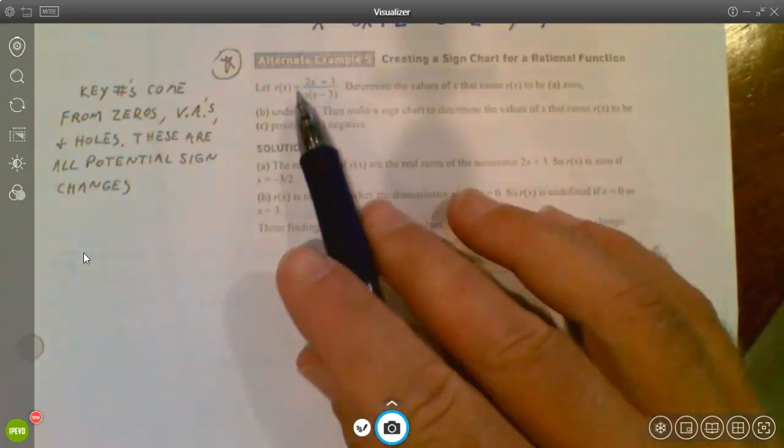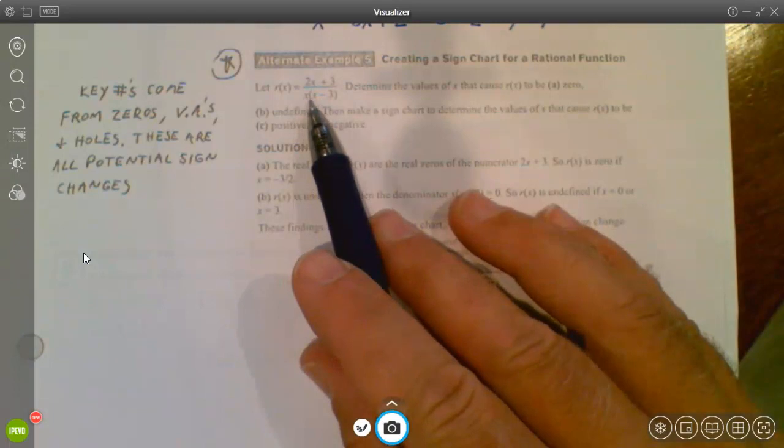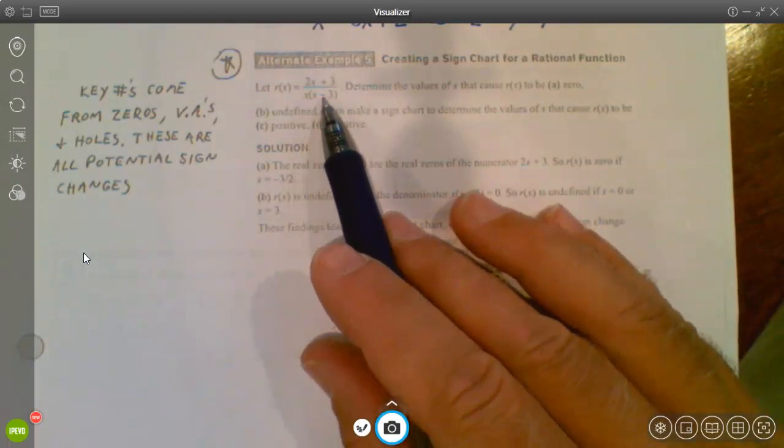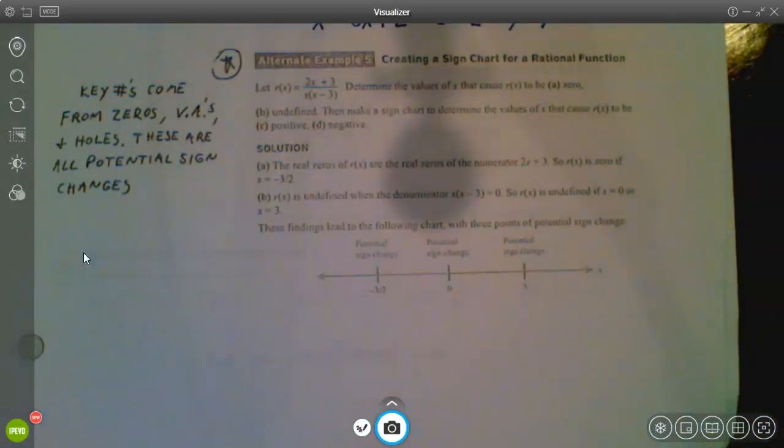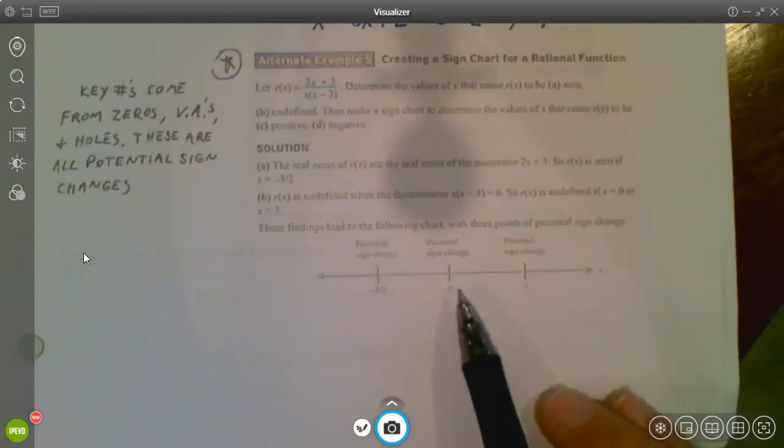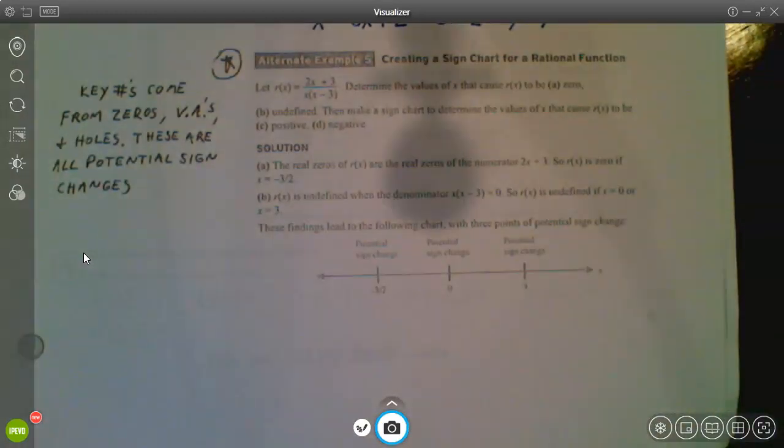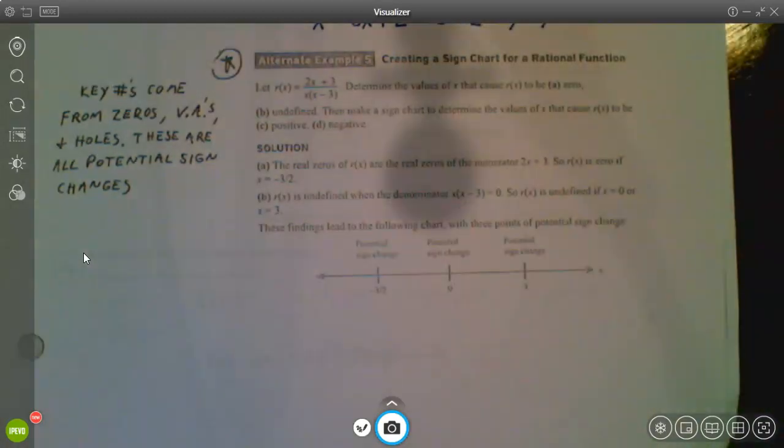So if you look at this, you see on this one how 0 and positive 3 are my vertical asymptotes. So we are using 0 and positive 3 as two of our key numbers. As far as this guy, remember how we find x-intercepts, right?